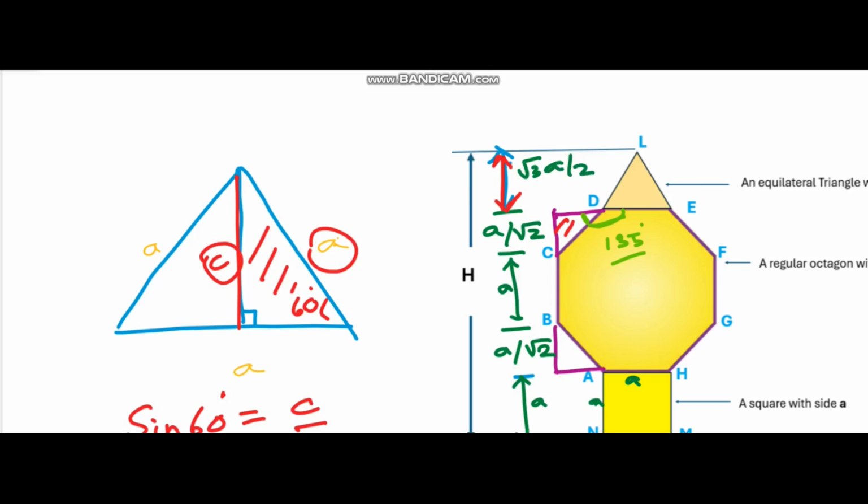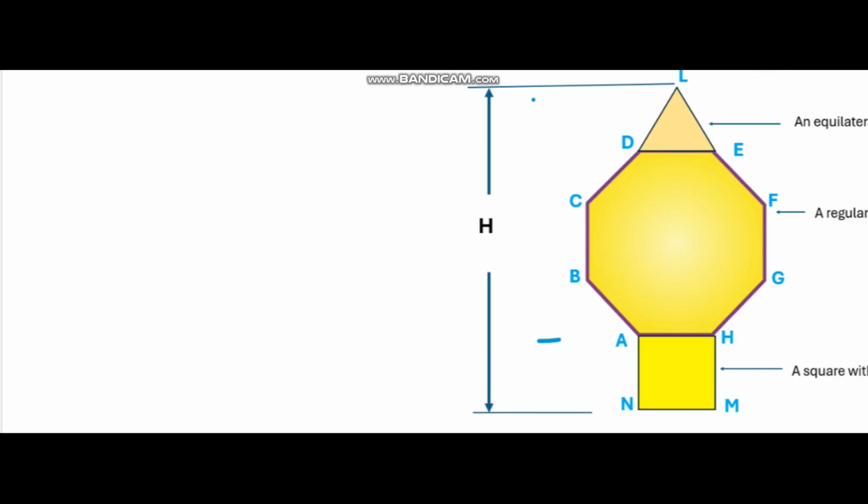So let me tidy this up a little bit. So this is A over root 2, A over root 2, root 3A over 2.